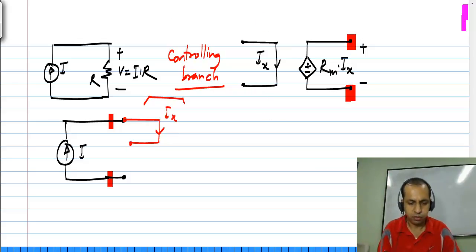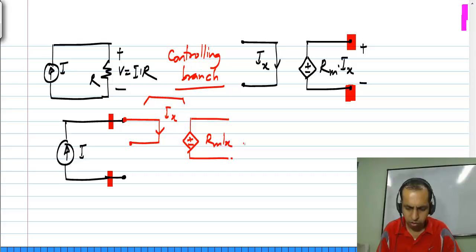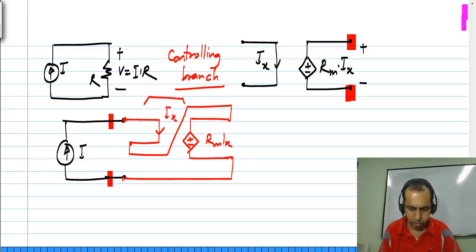Okay. So what do I do? I just place the controlled branch in series with this whole thing. Okay.